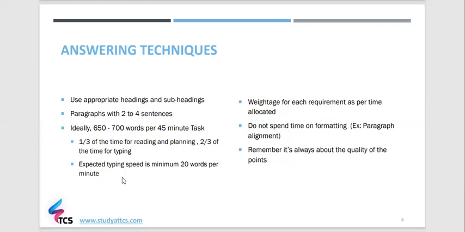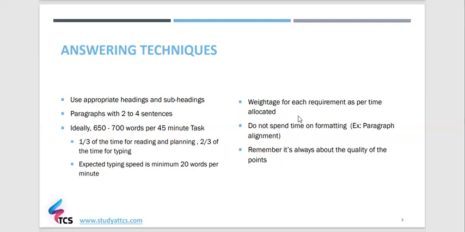And when it comes to typing speed, the expected typing speed is a minimum of 20 words per minute, so please be mindful about that. Then, looking at the time allocations as well as the mark allocations, the weightage for each requirement is provided as per time allocated. So when you are going through your questions, under each task you would see 2 or 3 subtasks.